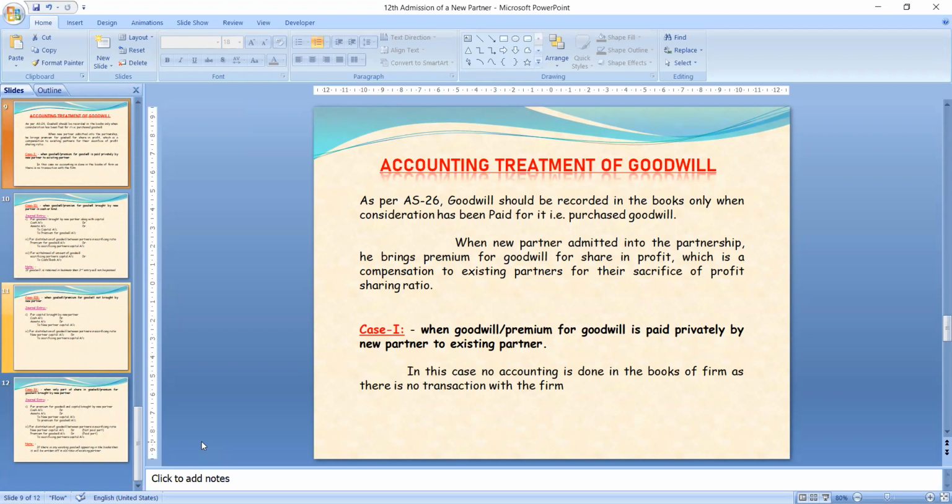So capital and goodwill are different things. When a new partner comes into a business, he has some rights in the business. Yes or no? Yes. He has some rights, like he can share the assets or liabilities of the business. Yes. And he can also share the profit.